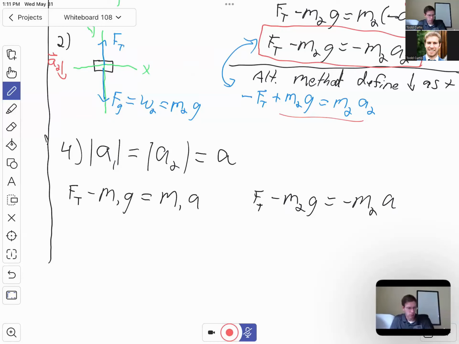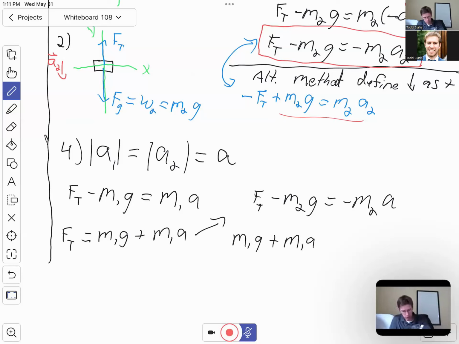So if I wanted to solve for A, I could solve one of these for the tension force: force of tension equals M1G plus M1A. Then I can plug that into our second equation. So I get M1G plus M1A minus M2G, again, this is just FT so I plug this in for FT, equals negative M2A.